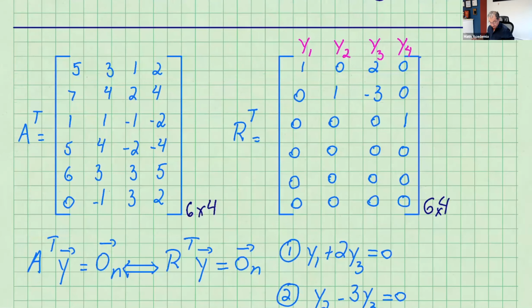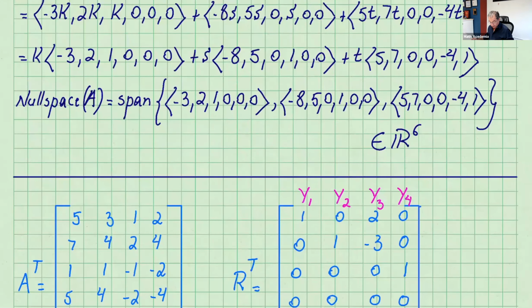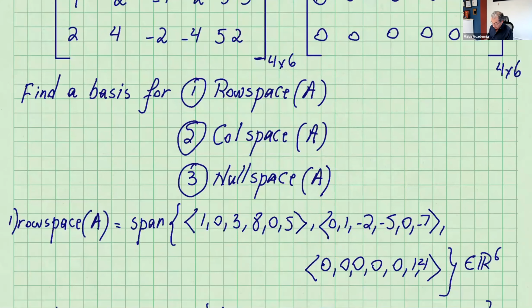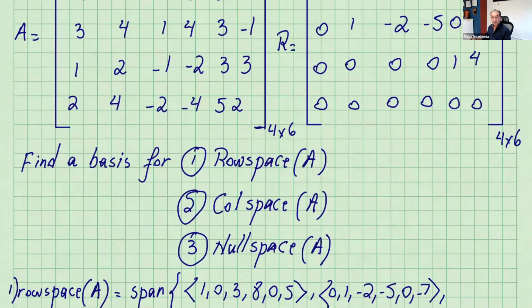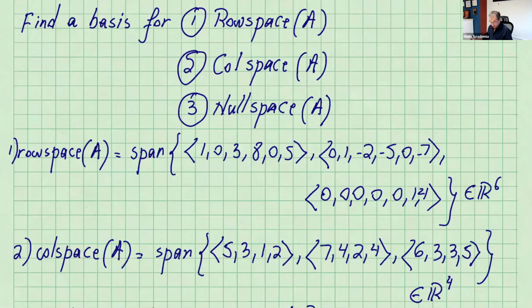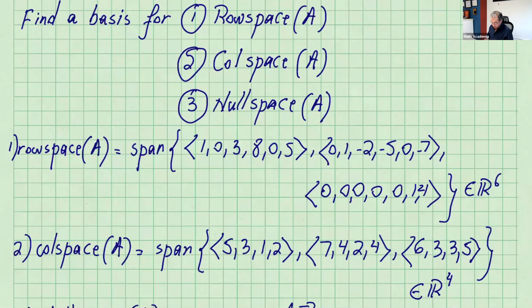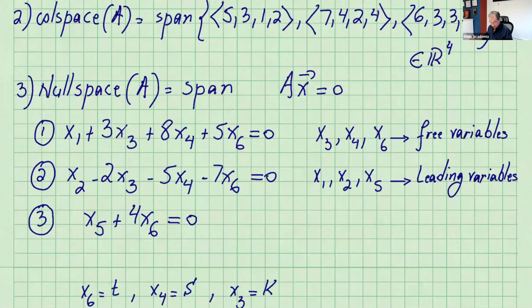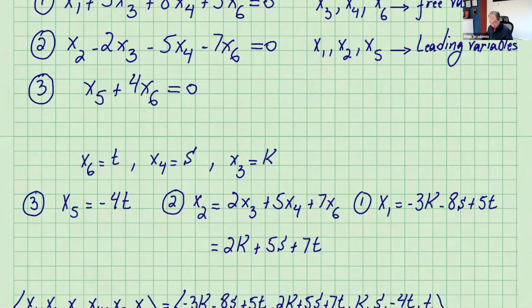In the example that we did, if we go to the row space, we have 1, 2, 3 vectors. So the rank of this matrix is 3. If you go to the column space, you again see you have 1, 2, 3 vectors. So the rank of that matrix, again, is the same as the dimension of the row space and the column space. They're going to be the same. And we do see that we have 3 vectors in each one of them.